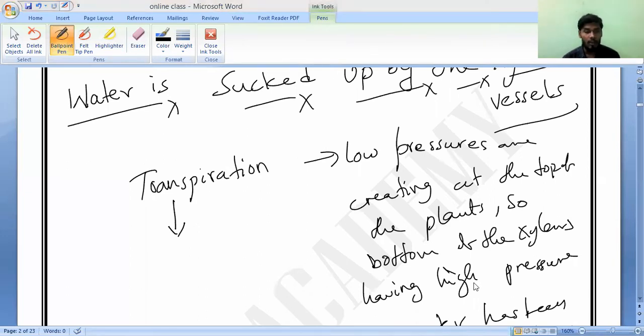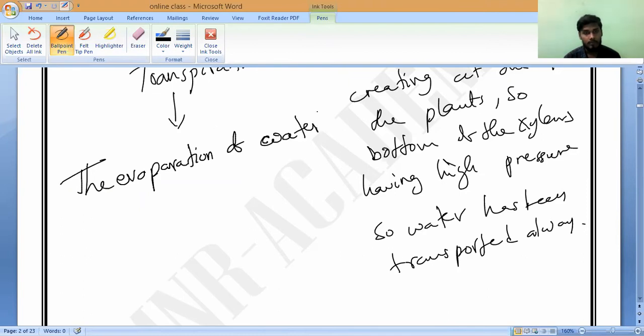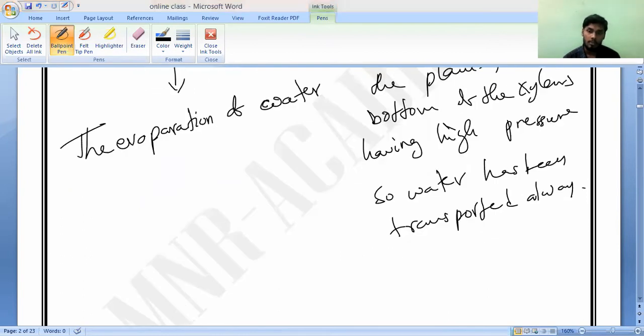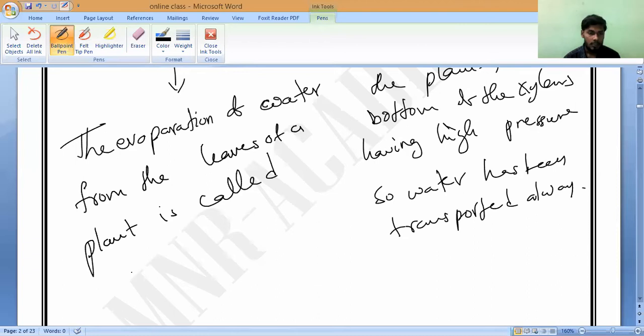The evaporation of water from the leaves of a plant is called transpiration.